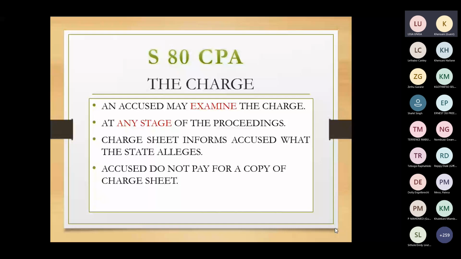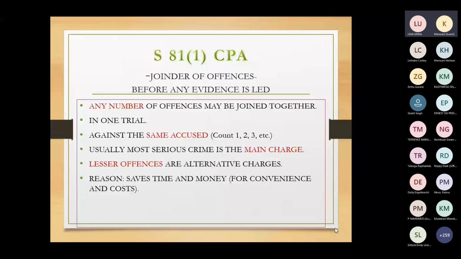But then, however, if the objection is raised, the prosecution can be given a chance to amend the charge sheet in terms of Section 87, or to request further particulars to clarify some of the things that were not properly explained.